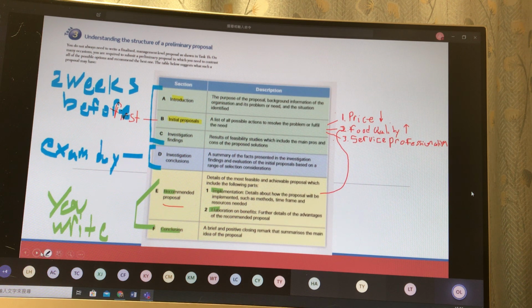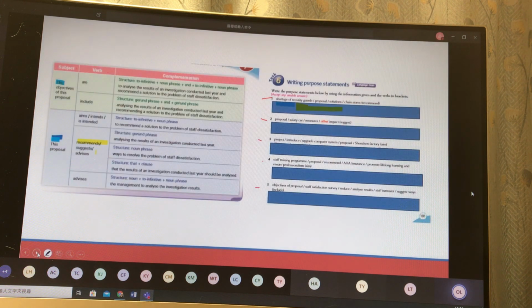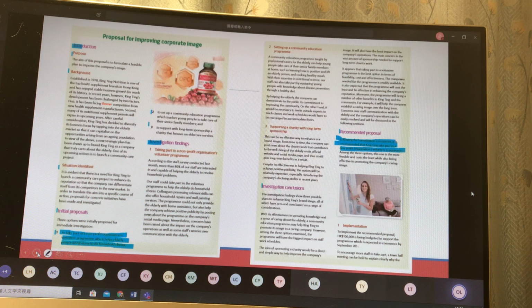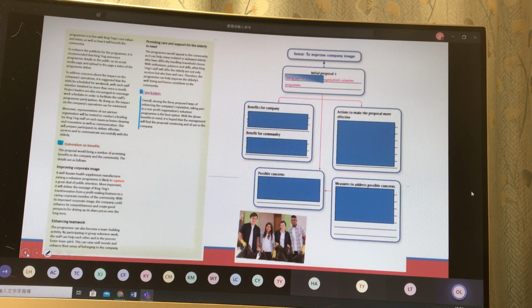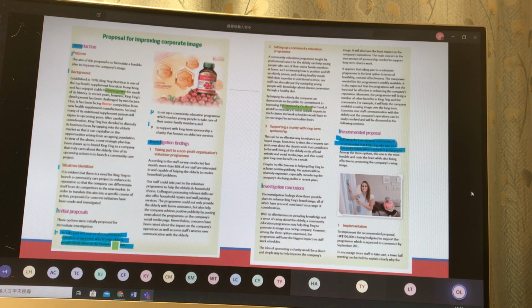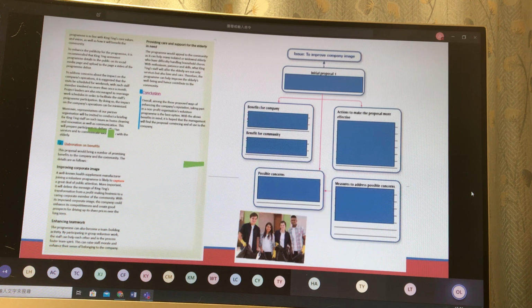Okay, last thing. I would like to ask you all to read this sample proposal, the last couple pages, and then complete this mind map here.